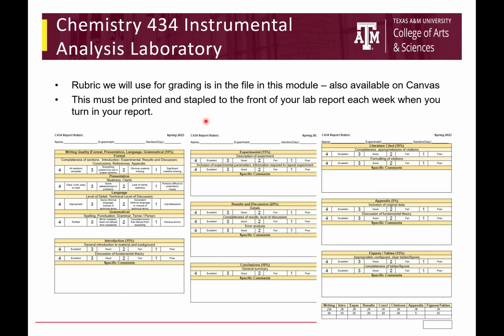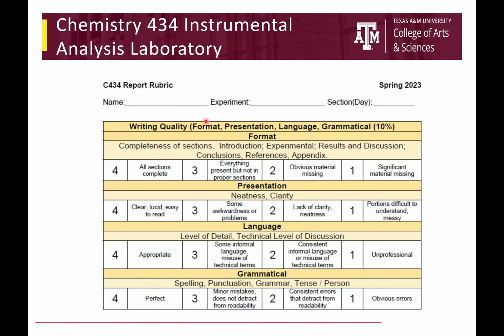All right, and so we'll go over each of these sections in some detail and try to explain what we're looking for. Again, I'm trying to keep this video down to about a 10-minute clip so that it's not too onerous to listen to. For this lab, we are very concerned about quality of writing, all right? This is your ability to communicate scientific information.